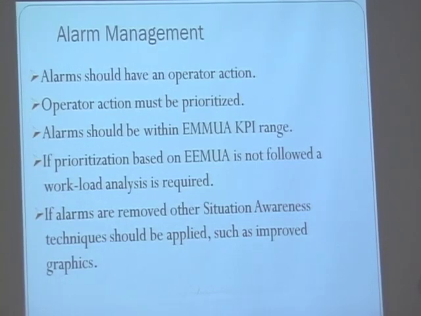In the old days when we had panels, we had lots of trends. And because we had lots of trends, operators had good situation awareness when they saw something moving out of control. They were often on it a long time before the alarm ever came in. And so our dependence on alarms was not as great as it is today.